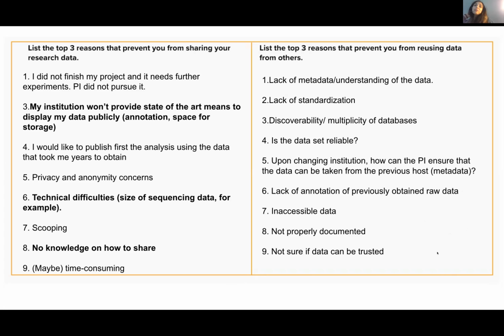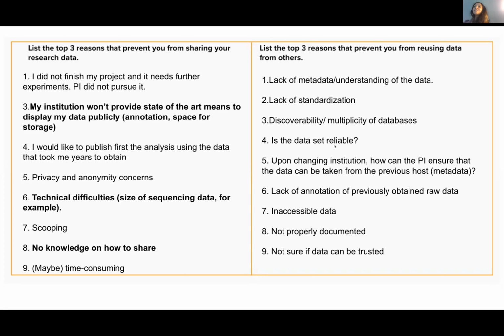Also, our computing platforms can also help with the technical difficulties with the size of sequencing data. And we have training programs on data management and data sharing that can help you answer your questions on how is the best way to share your knowledge.